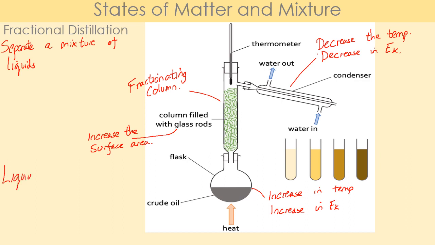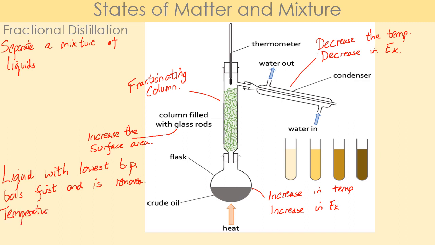So the liquid with the lowest boiling point, BP for boiling point, boils first and is removed. And having the thermometer there means we can monitor the temperature at what they're coming out at. So if we wanted to get water out, we need to have it at 100 degrees. So the temperature is monitored using the thermometer.